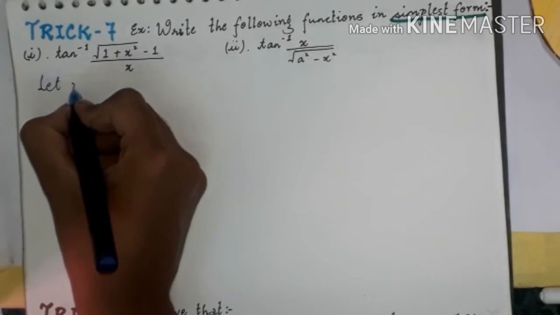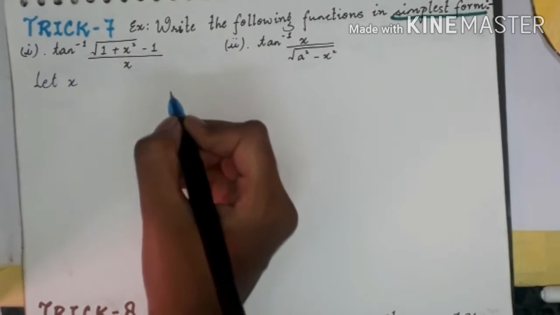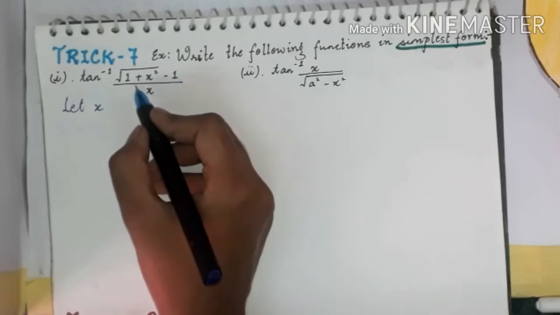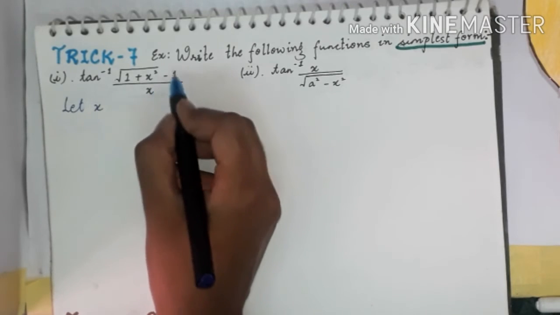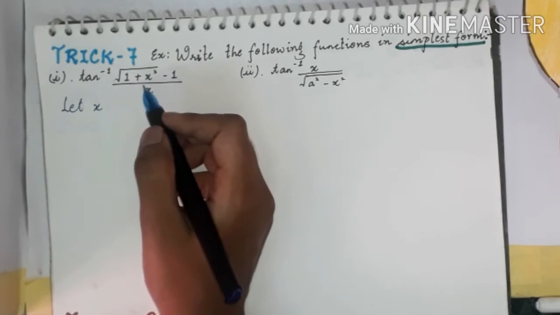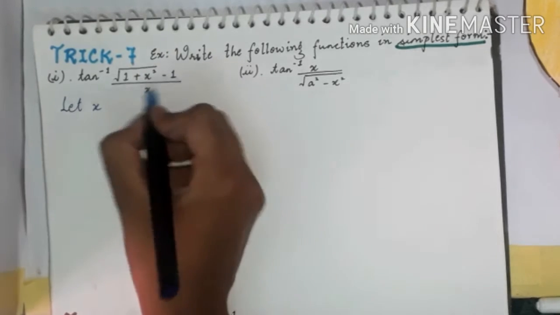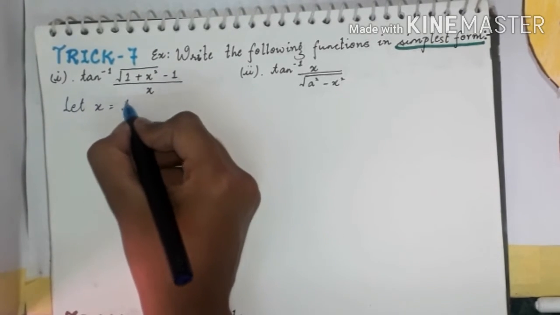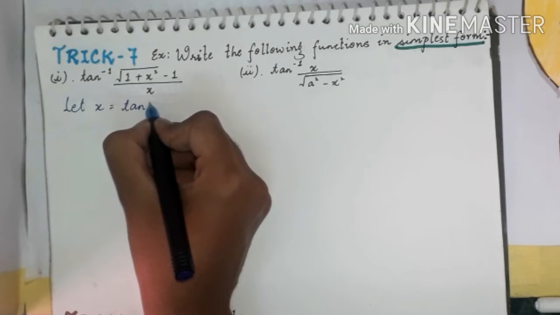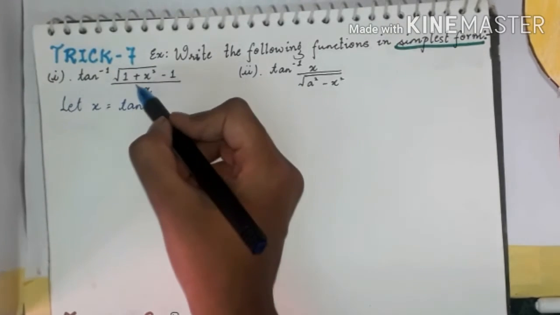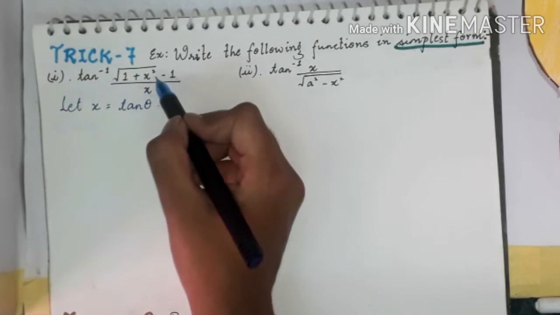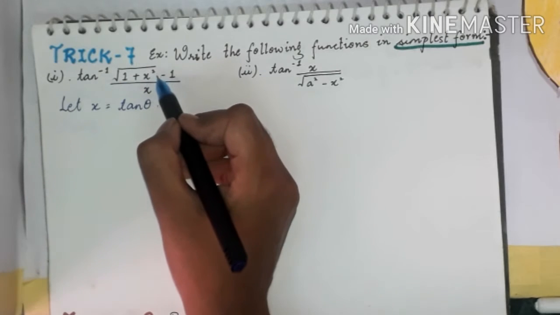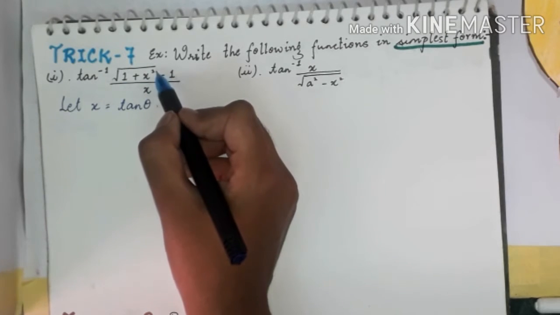We give a particular value to x so that the whole or part of this expression turns into an identity. So here we are letting x is equal to tan theta. Now see, in place of x, when you write tan theta, it will become 1 plus tan square theta, since x square is there.